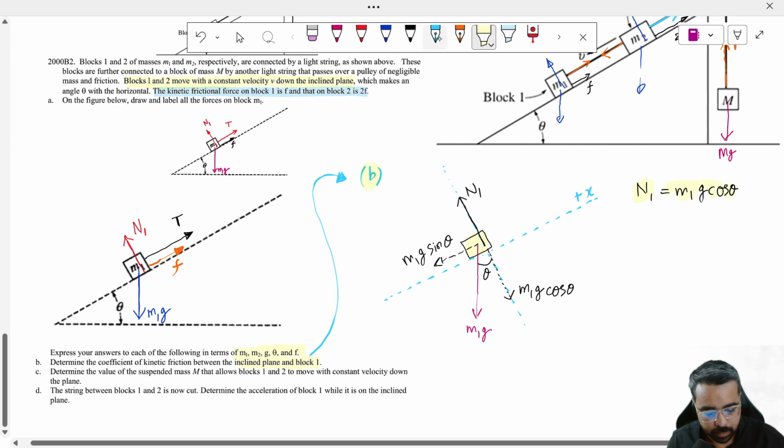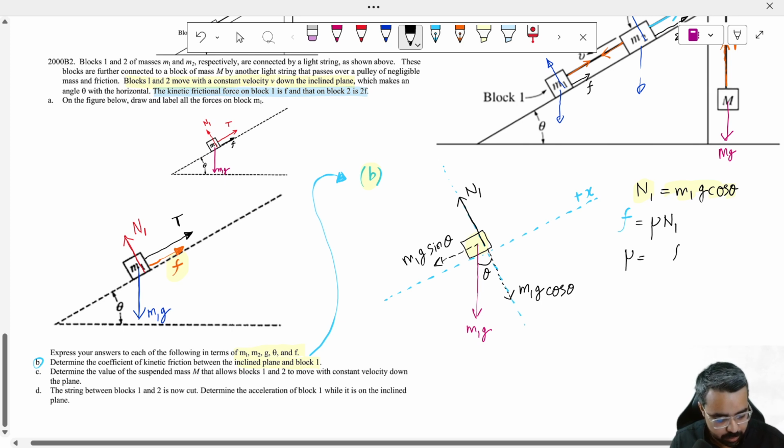In part B, they are asking about the coefficient of kinetic friction. We know that it is experiencing the frictional force, this one, and that is always equal to mu times the normal force, that is N1. So what will be the value of mu?